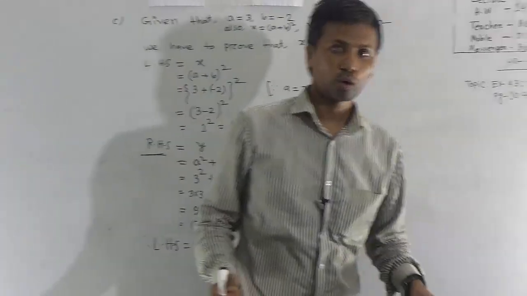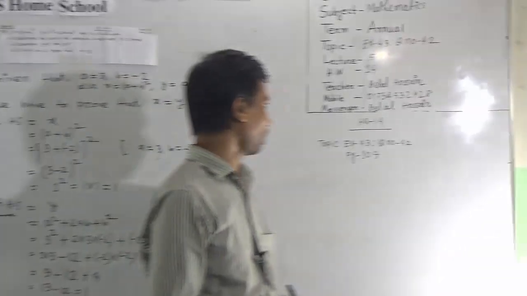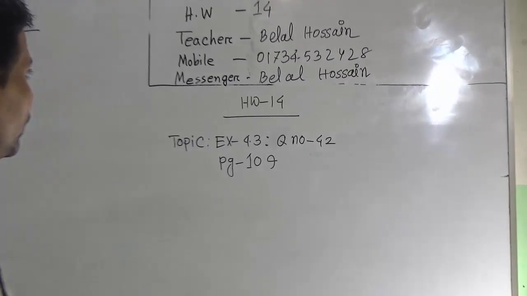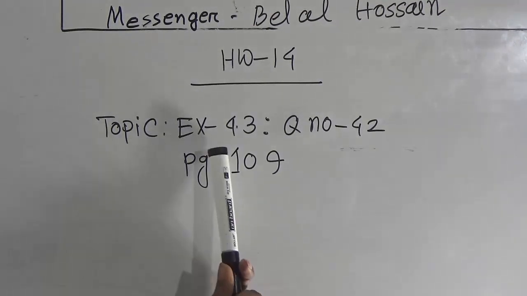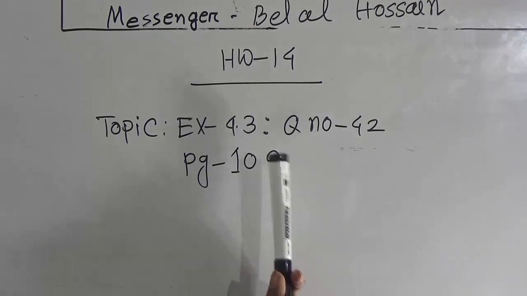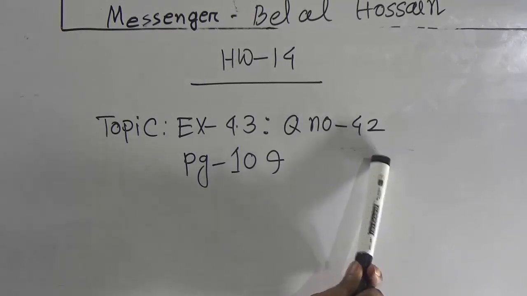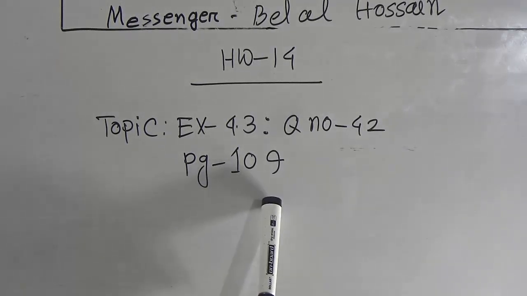Now I want to talk with you about our SW topic. You see, today our SW number 14, topic exercise 4.3, question number 42. You see page number 109. This is your SW.